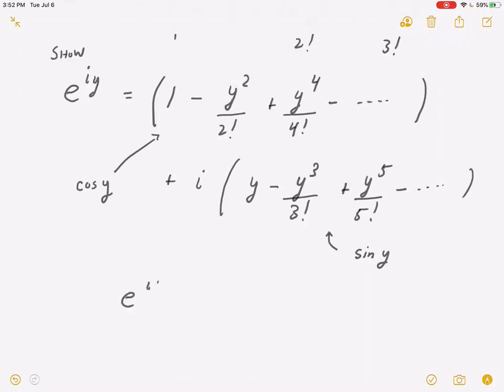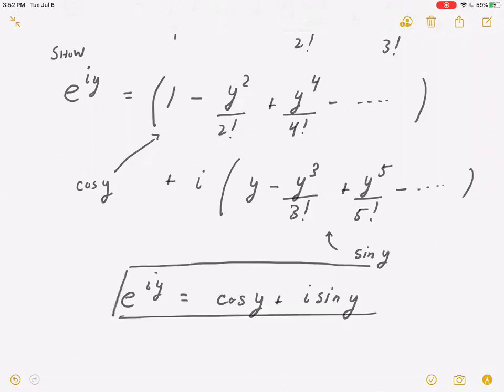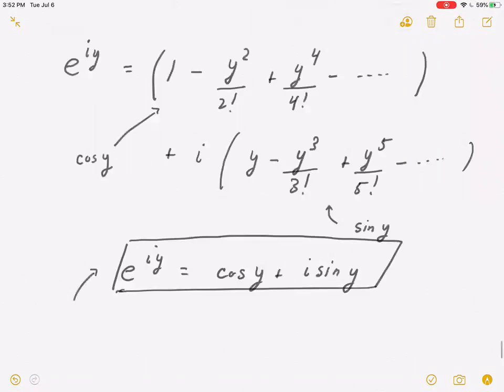So you are left with the final expression. e to the iy is the same thing as the cosine of y plus i times the sine of y. This formula was discovered by Euler. So he got to name it. It's known as Euler's formula.